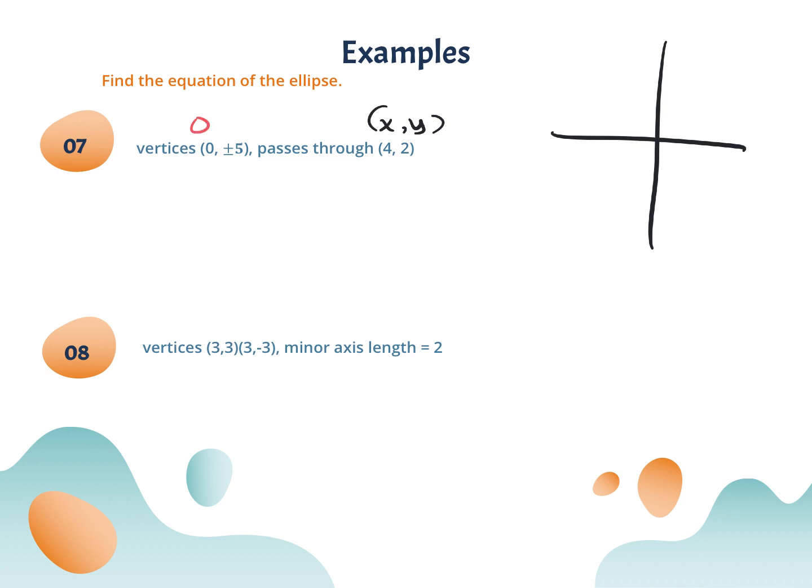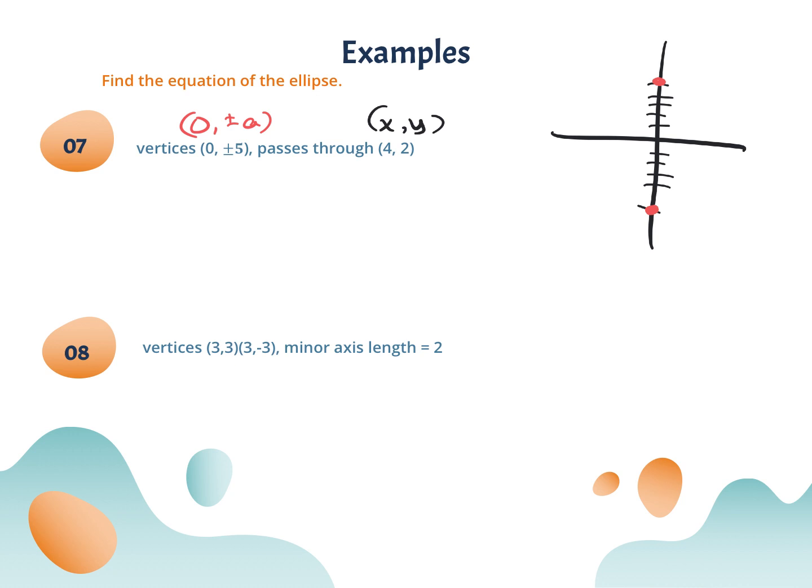This is going to be 0, comma plus or minus a. And we can see that our graph is going to be vertical. So here, if I go ahead and graph these, 1, 2, 3, 4, 5, 1, 2, 3, 4, 5, put a point right here and here. And then I could also graph the other ordered pair if I need it. But here we can see it's on the y-axis, so you can see it's vertical.